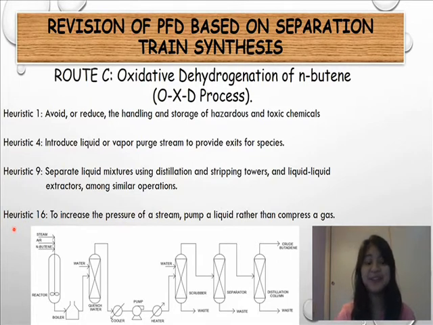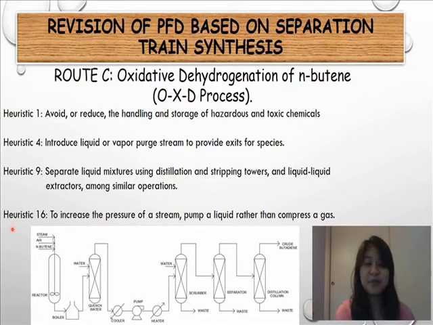Hi, my name is Dibutadiene, and I'm going to continue the presentation on revision of the PFD based on separation train synthesis of route C. Route C is the oxidative dehydrogenation of n-butane, which is known as OXD process. I'm going to explain four heuristic rules for this process.